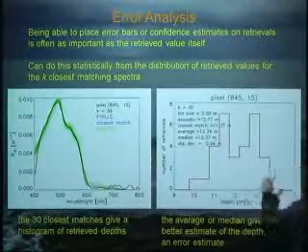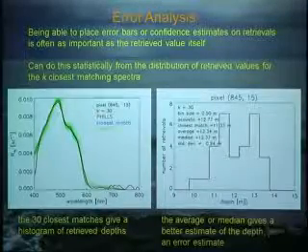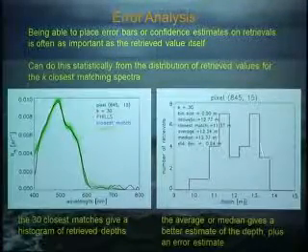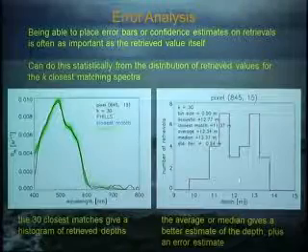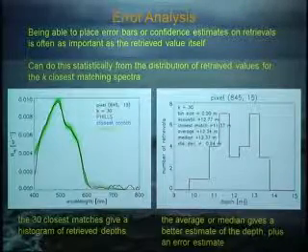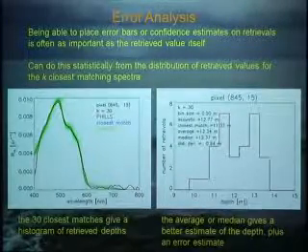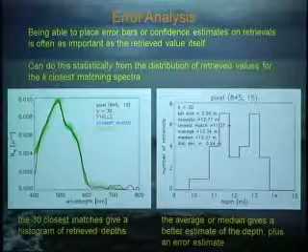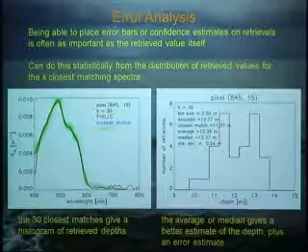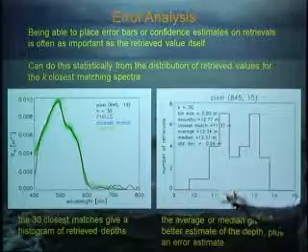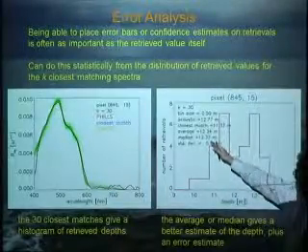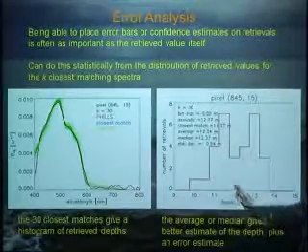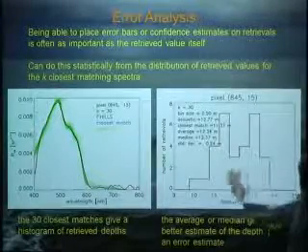So I'm getting a better retrieval by looking at a statistical distribution of my closest matching spectra and doing something like a median or an average. And what's very important, if I do this, I can say, okay, I think the water is about 12.4 meters deep with a standard deviation of maybe a meter.